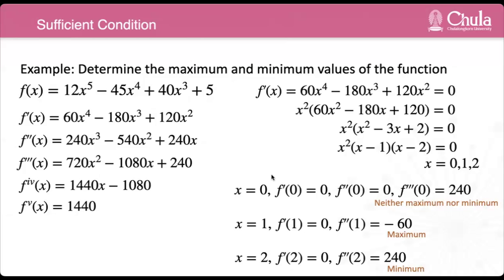Now we substitute 0, 1, or 2 back into the derivatives. So when x is 0, the first order derivative is 0. Second order is still 0. Third order is not 0 anymore, right? So what is n here?